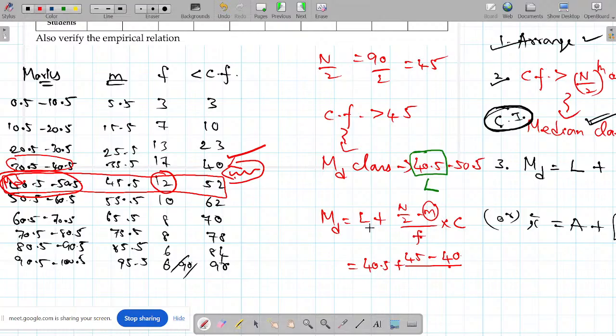Which class? Median class frequency. So this is divided by 12. And what's the c value? Median class interval, that is the width, which is 10. So you get the median value. Yes, please. 44 point... Is it okay?